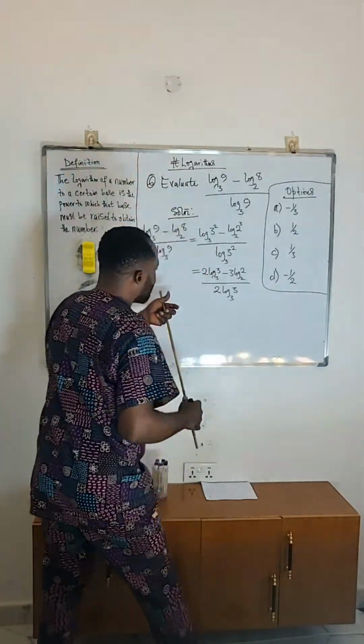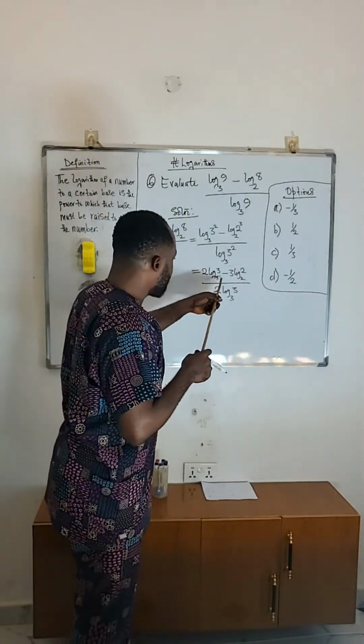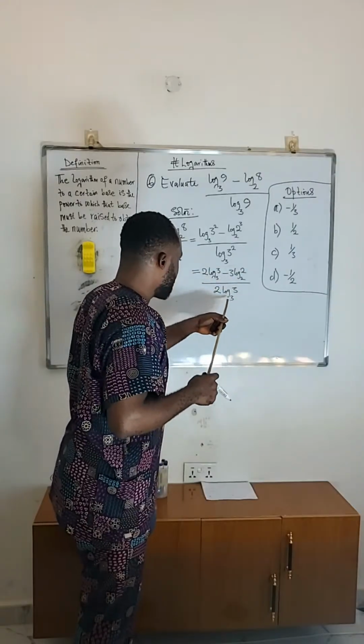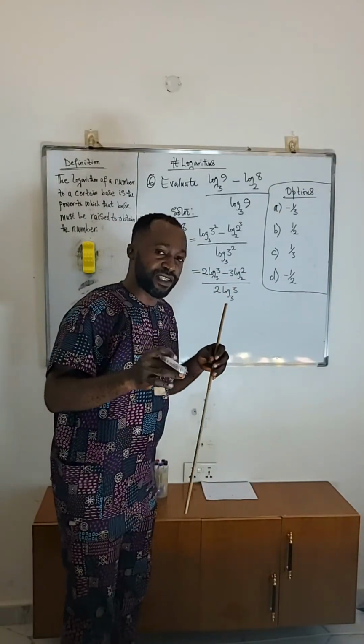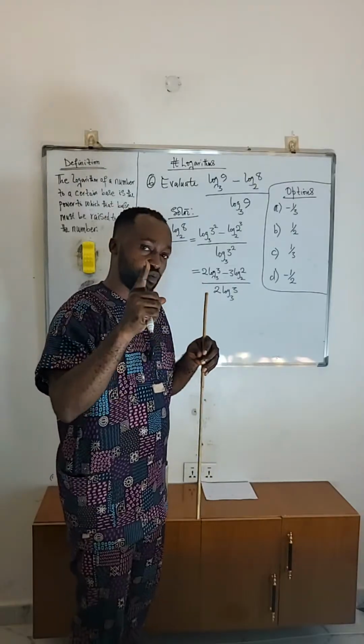In the next step, you can see log 3 base 3, log 2 base 2, log 3 base 3. Log of the same base equals 1.